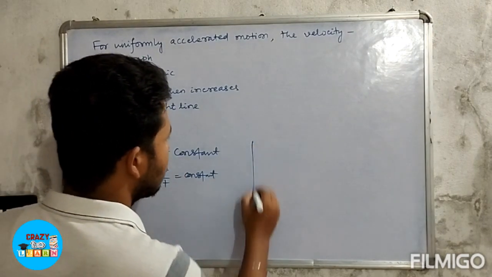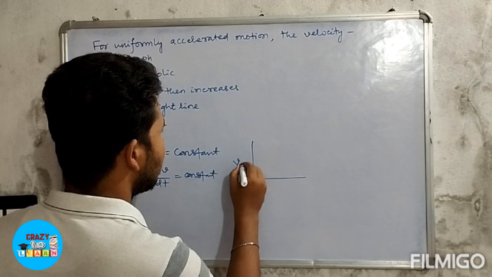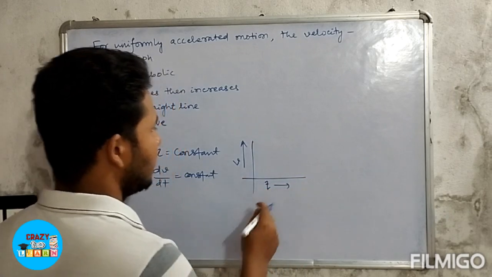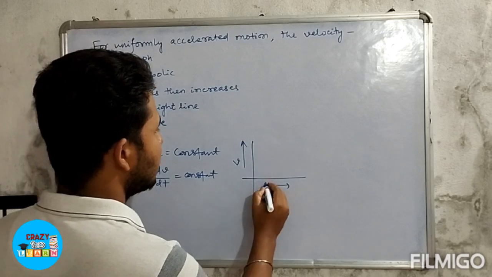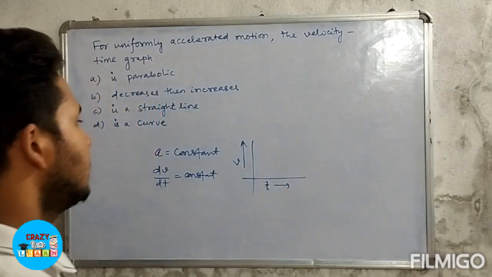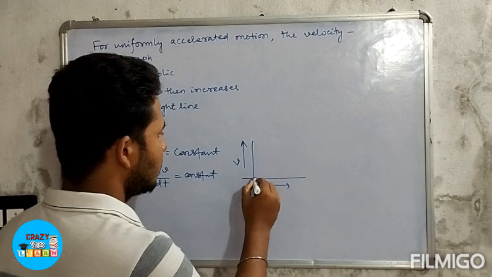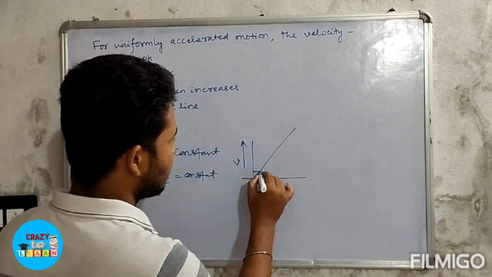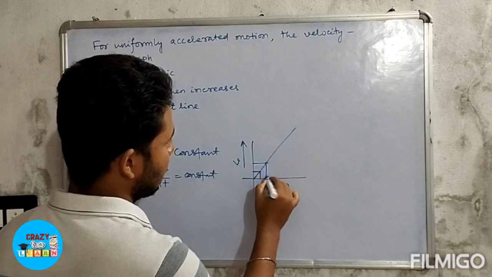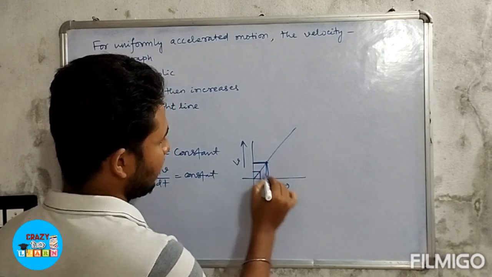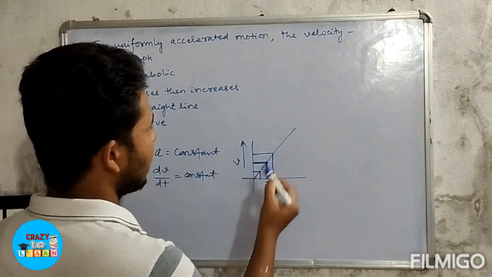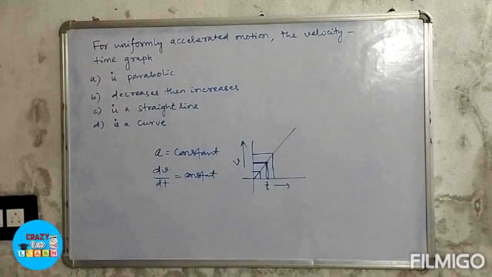If we draw the velocity time graph, we will take time in the x-axis and velocity in the y-axis. What type of graph will we get? In each and every case we will get a constant acceleration, uniform acceleration.